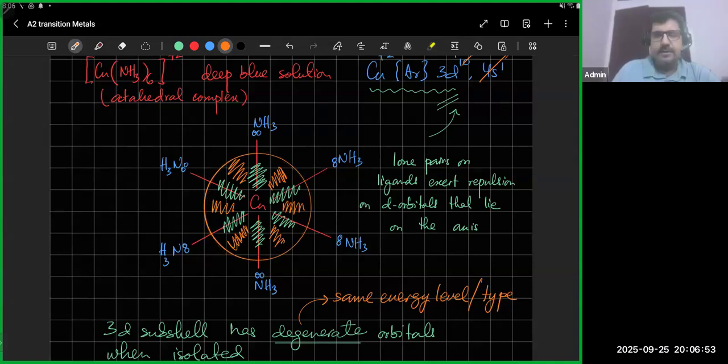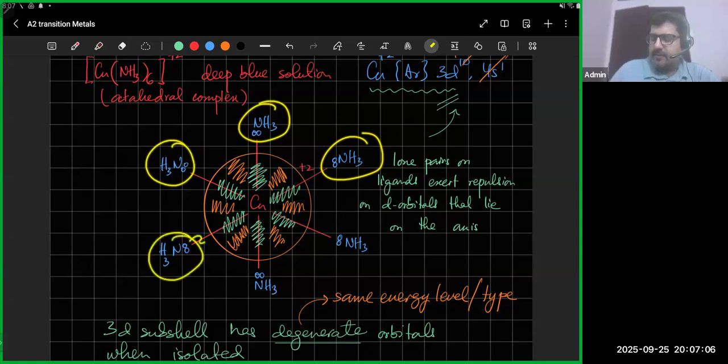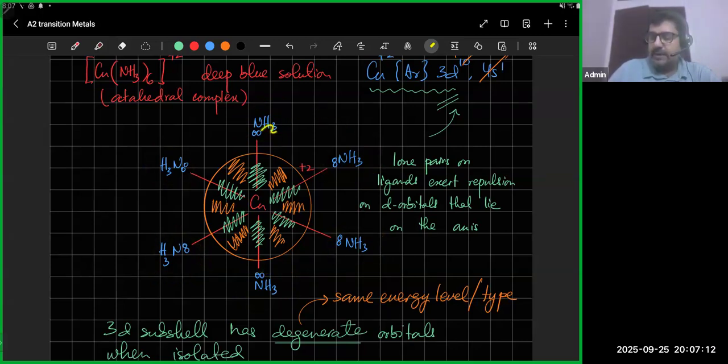So imagine this is your copper ion, and the copper ion is +2, and it attracts all these ligands. Now, in an octahedral complex where 6 ligands get attached to the copper ion, all the lone pairs approach on the axis. There's a lone pair on the N which is getting attracted to the copper ion.